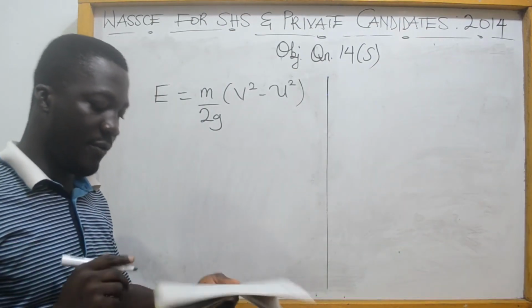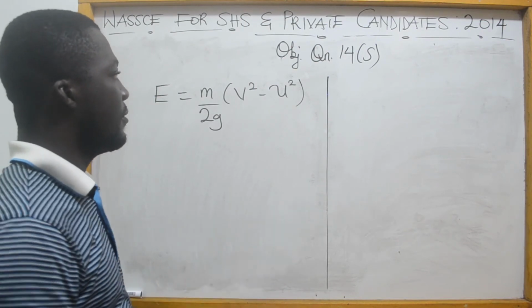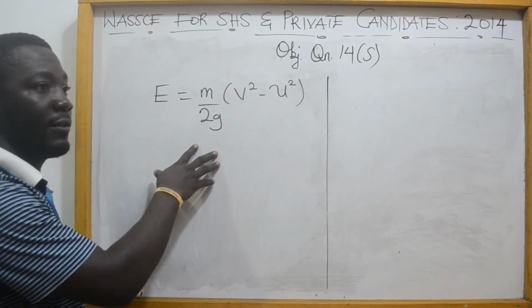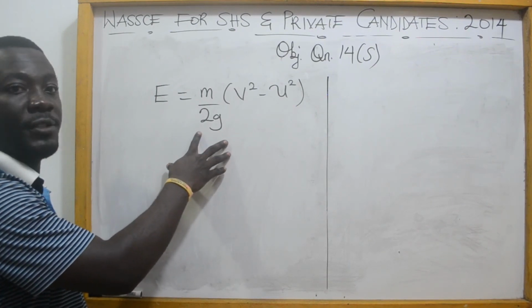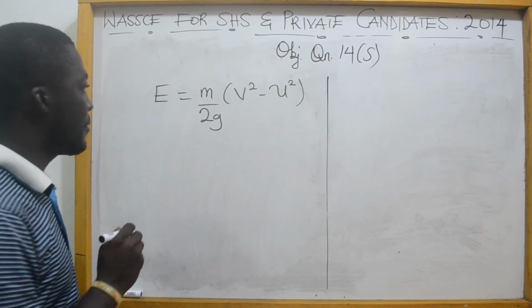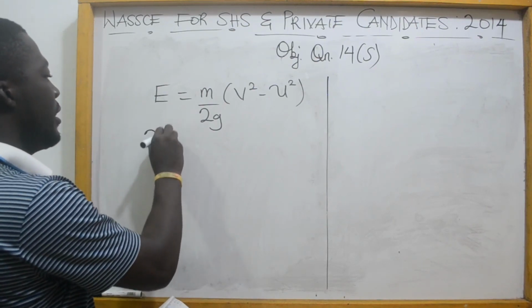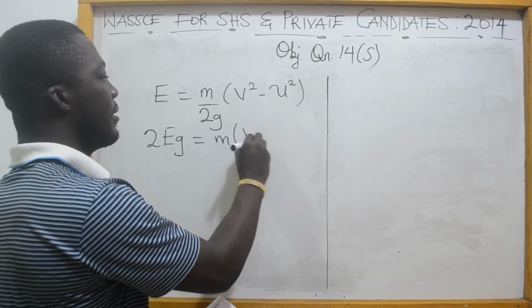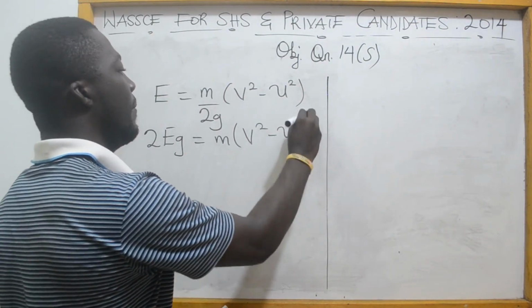We have to make U the subject. So first of all, we do cross multiplication. So the 2J will cross to the left hand side and becomes 2EJ is equal to M into bracket V squared minus U squared.